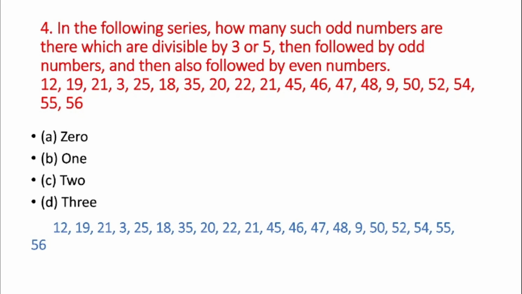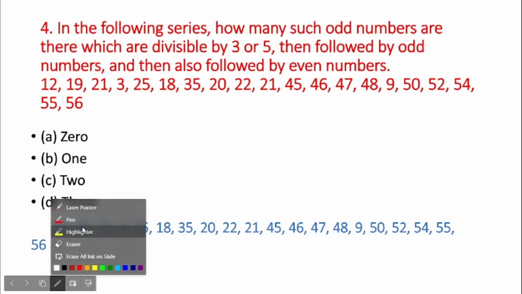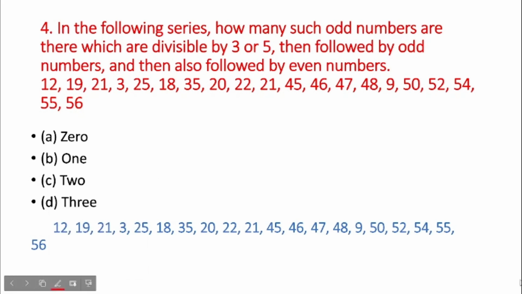It means we have to check first an odd number which is either divisible by 3 or 5, and also it should be followed by an odd number, and that odd number should be followed by an even number. So we can start with the first odd number here, 19.